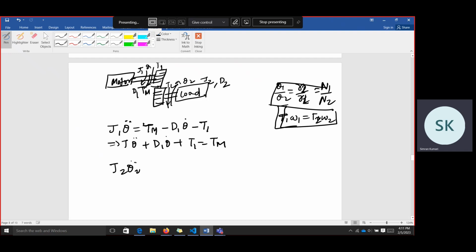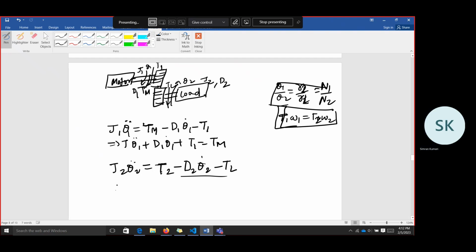So J2 theta 2 double dot will be T2 minus D2 theta 2 dot minus TL, because whatever torque is being provided by this gear, T2, will act such that it provides the rotational acceleration to the mass or load, and it will overcome these two.